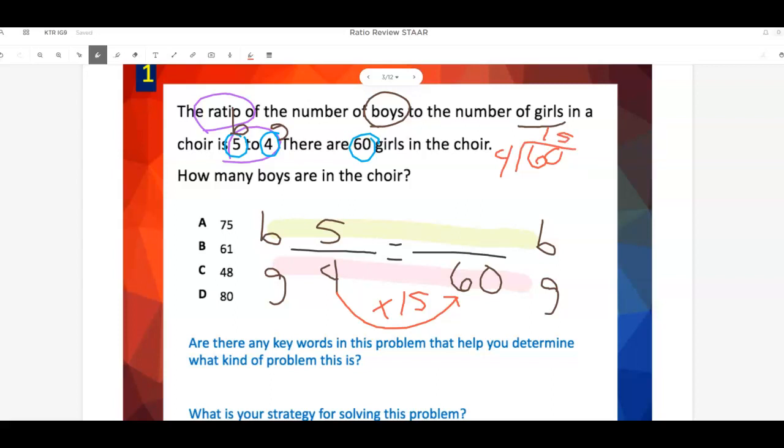So what you do to the bottom, you have to do to the top. What's our missing number? Brogan. 75. I did 5 times 60, but I'm pretty sure it would be times 15. Yeah, we already know that 4 times 15 is 60, so it has to be more than 60. 75.